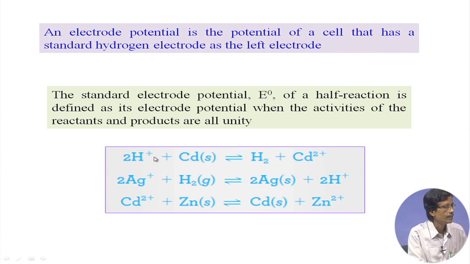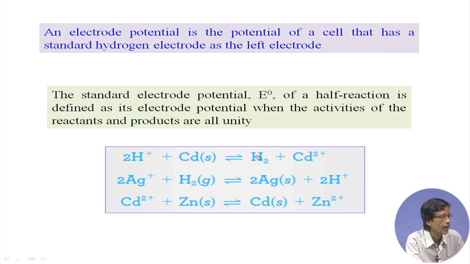That is why initially when cadmium is reacted with some acid, the reaction will go to the right hand side with the evolution of hydrogen, that means cadmium is the stronger reducing agent which can reduce the hydrogen ion for hydrogen gas evolution.